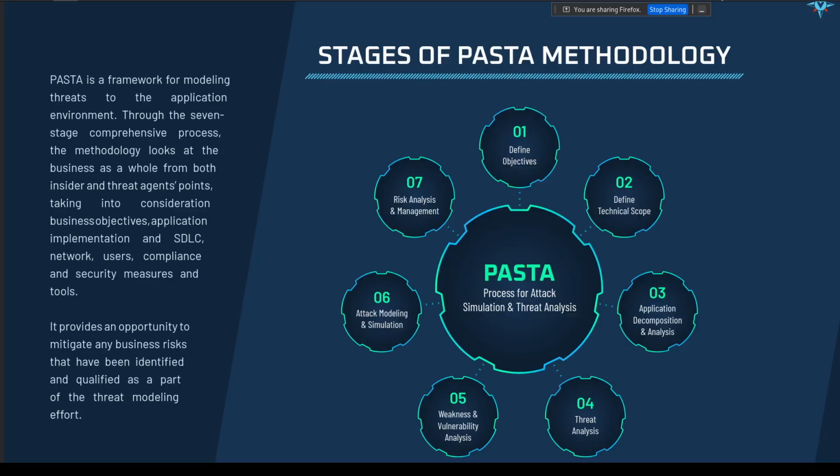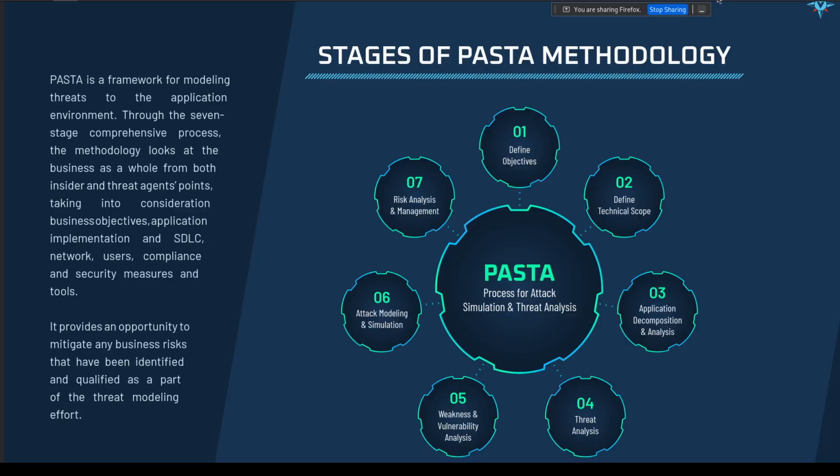The second is about defining the technical scope. This is where we get the technical things from the developers, the developer team, the business owner, product owner, etc. And then the third is application decomposition and analysis, where we split the application into smaller parts. We'll draw trust boundaries, trust zones, etc., which we will get into in more depth.